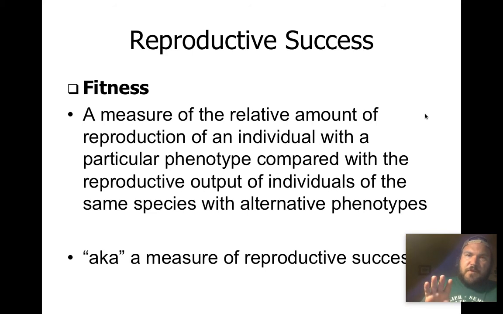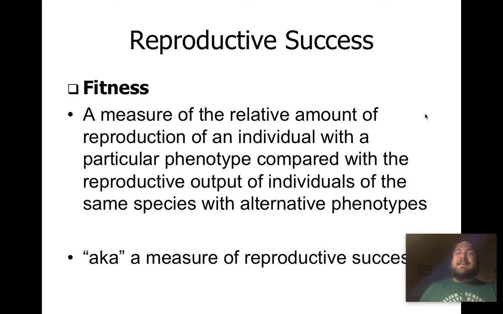Now, there's a term that I described yesterday that we're going to revisit today called fitness. And fitness is the ultimate measure of reproductive success. So if you're trying to measure reproductive success within organisms, the measure we use is something called fitness. And fitness is defined as a measure of the relative amount of reproduction of an individual with a particular phenotype compared with the reproductive output of individuals of the same species or population with alternative phenotypes, with variation.